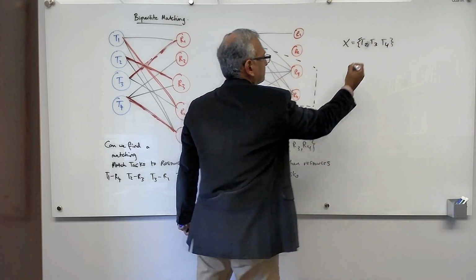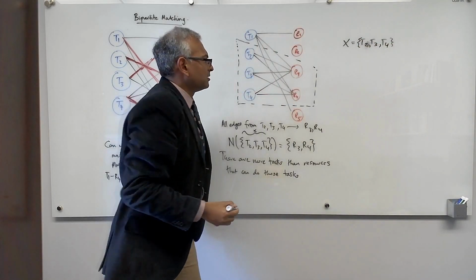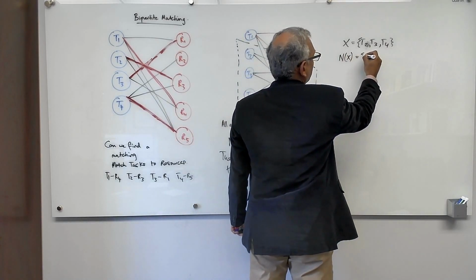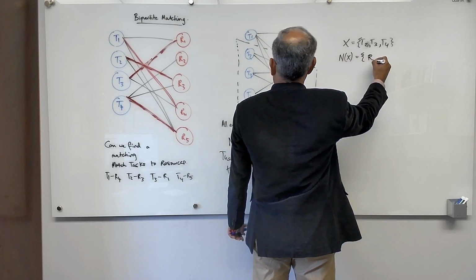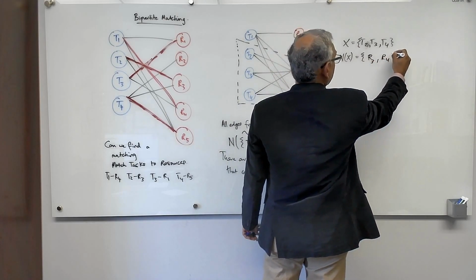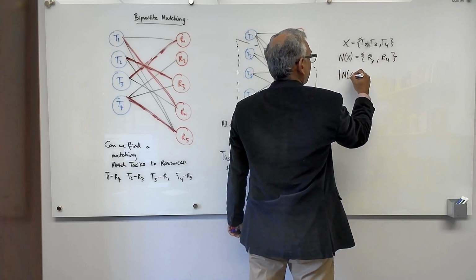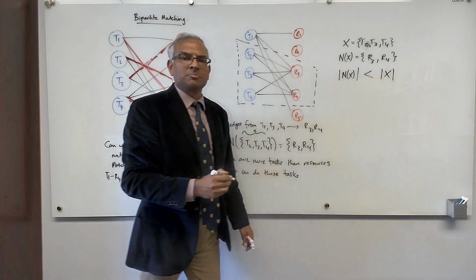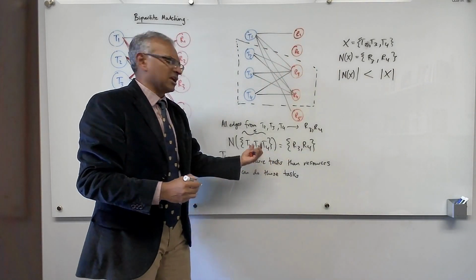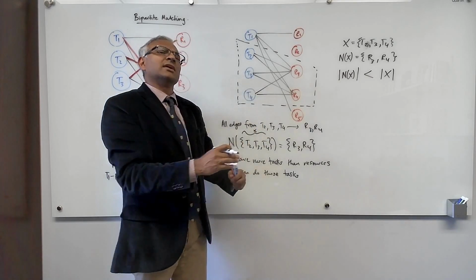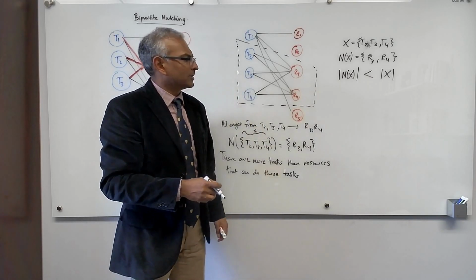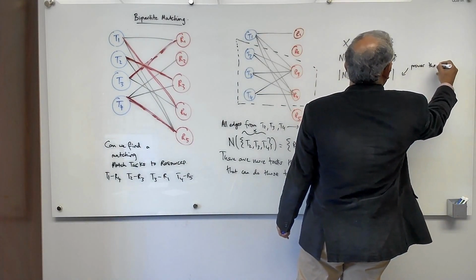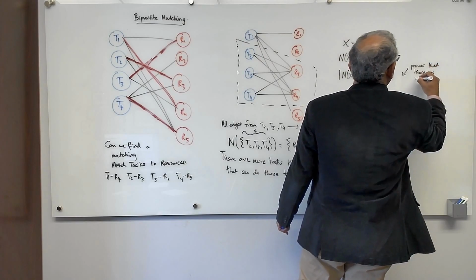If this is a set X, okay, then the neighborhood of X is equal to R3, R4, and the size of the neighborhood of X is less than the size of X, and so that means it cannot be done. In some sense, you can think of X as being a witness, as being a subset that can immediately prove to you that you cannot do it. Okay. So this subset proves that there is no matching.